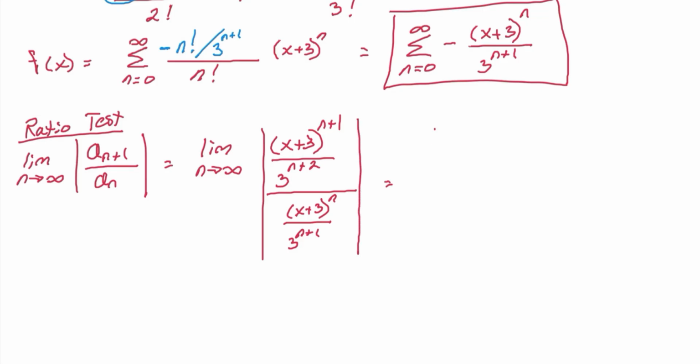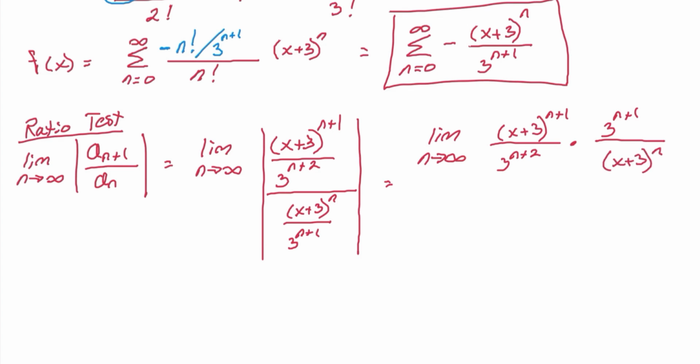Let's rewrite this. We have the limit of x plus 3 to the n plus 1 divided by 3 to the n plus 2 times the reciprocal of the denominator. That is 3 to the n plus 1 divided by x plus 3 raised to the n.